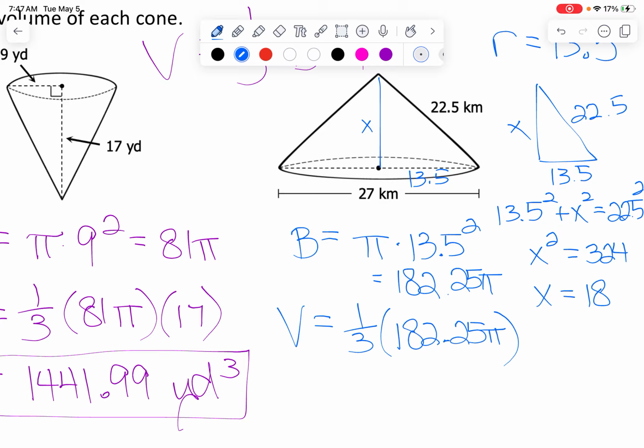And then the height, we found that to be 18. Now a little calculator work.